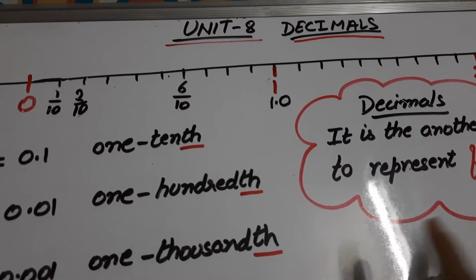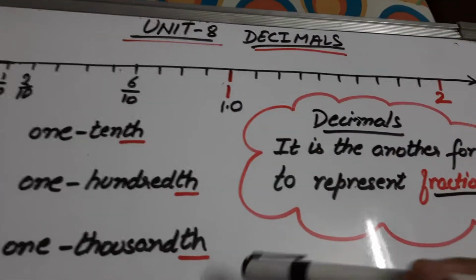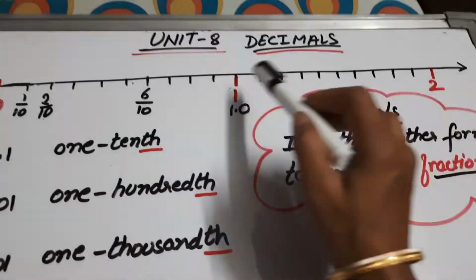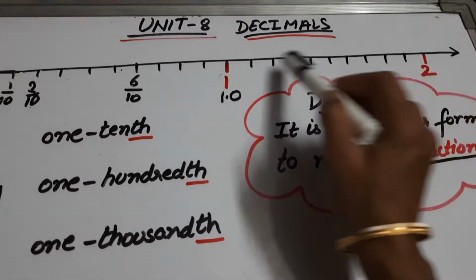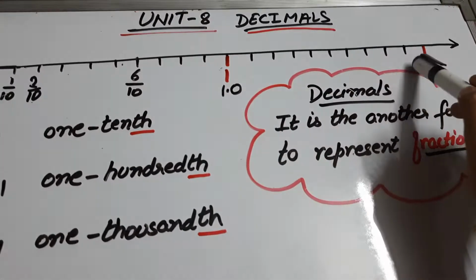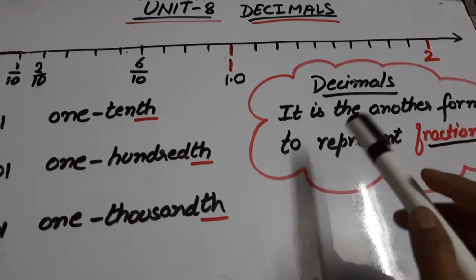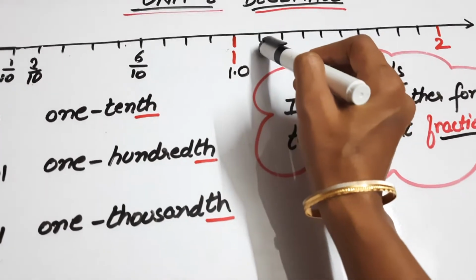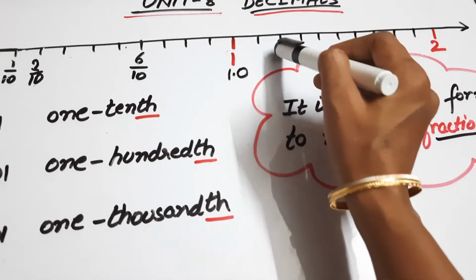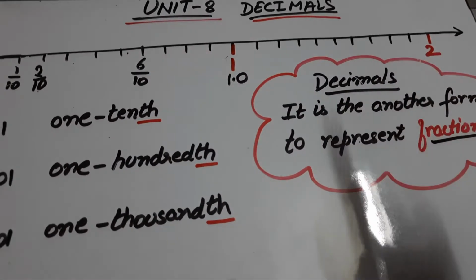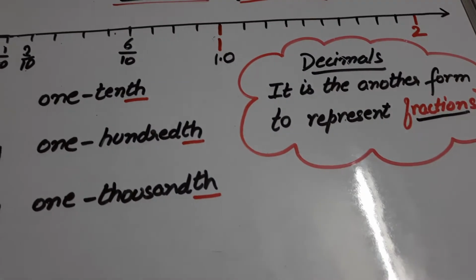This whole number is written as 1.0. Similarly, if we take the next unit part, 1 to 2, again it carries 10 divisions. To represent these divisions, I'll write 1.1, 1.2, 1.8, 1.9 and so on, right?